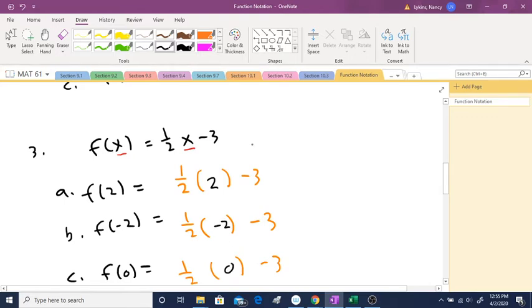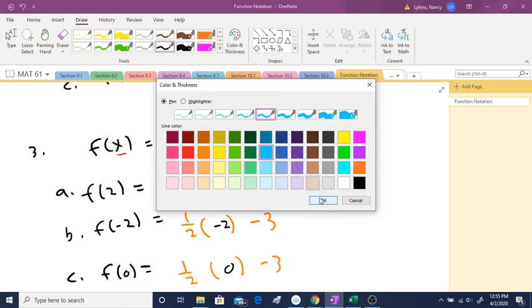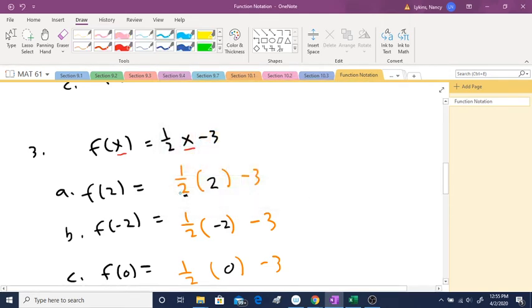Now, one thing I do like about any of these inputs, if you look at the denominator of the fraction, which is 2, 2 and then multiples of 2 will always cancel, so you're not going to have a fraction. So when we say 1/2 times 2, that gives me 1. 1 minus 3.